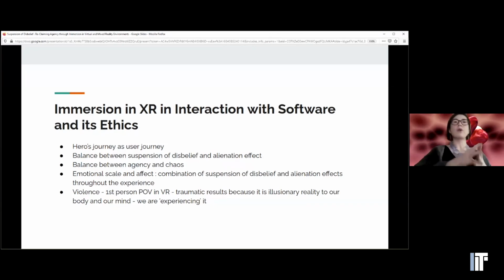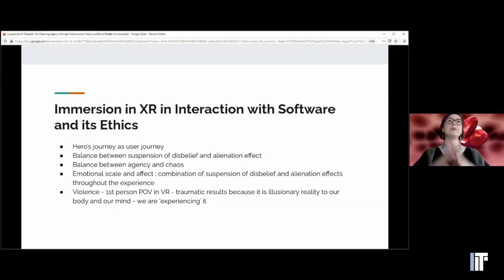Now I'm going more into the immersion of XR and interaction with software in virtual reality, and how I design the experience. So going back to Aristotle, I used the hero's journey as a map for the user journey.